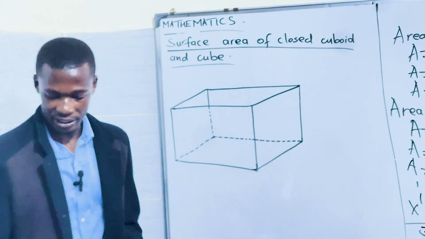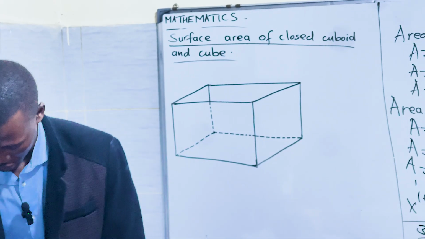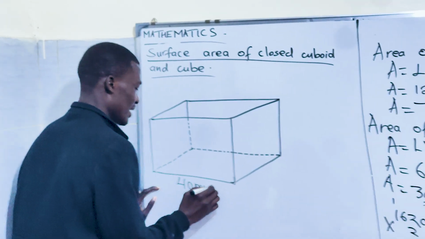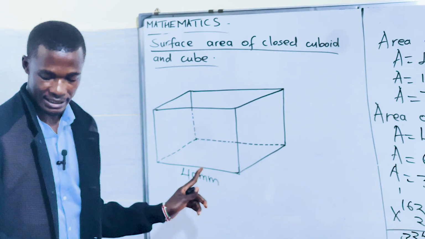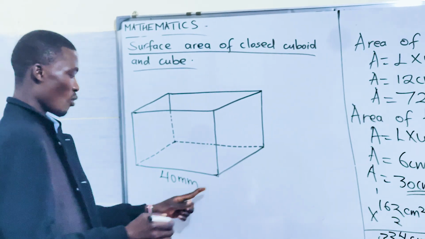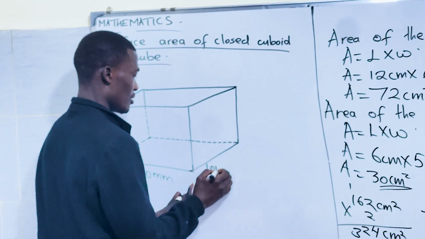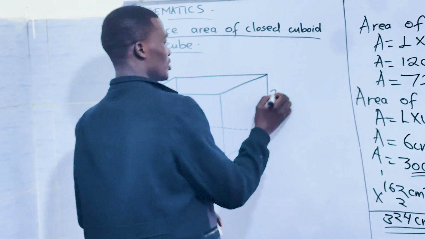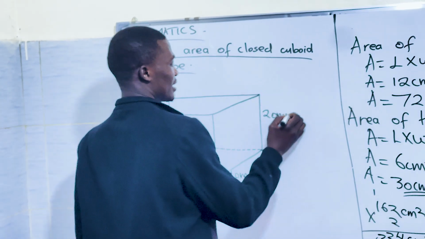Then we will give it the measurements. So here we will say millimeters. That is in the length. Our width will be 10 millimeters. And our height will be 20 millimeters.